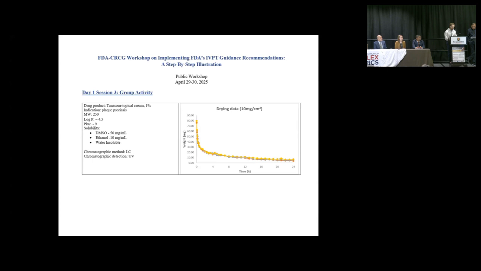So here we suggested potentially decreasing the dose as the first step. And again, consider extending the study, because we're not seeing, for example, in that first donor A profile, that decline in flux that we want to see toward the end of the study. Consider extending the study, or consider doing the wipe off.